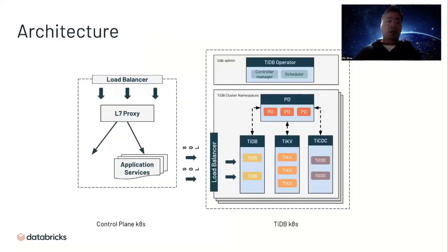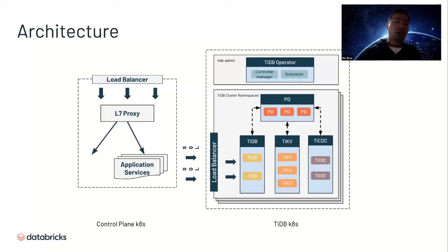And this is our architecture. Because of some historical reasons, we launched a dedicated Kubernetes cluster on the right side for TiDB only. Our services will be on the left side.